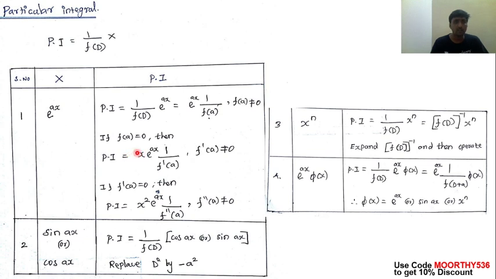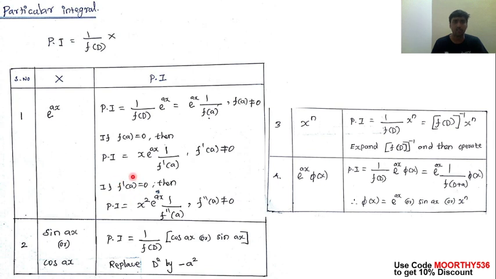When f of a is equal to 0 after substituting a instead of D in the denominator, we have to multiply by x in the numerator. Then we have to differentiate the f of D from the previous case one time with respect to D. Again the condition is that f dash of a, after substituting the constant a instead of D, should not equal 0.